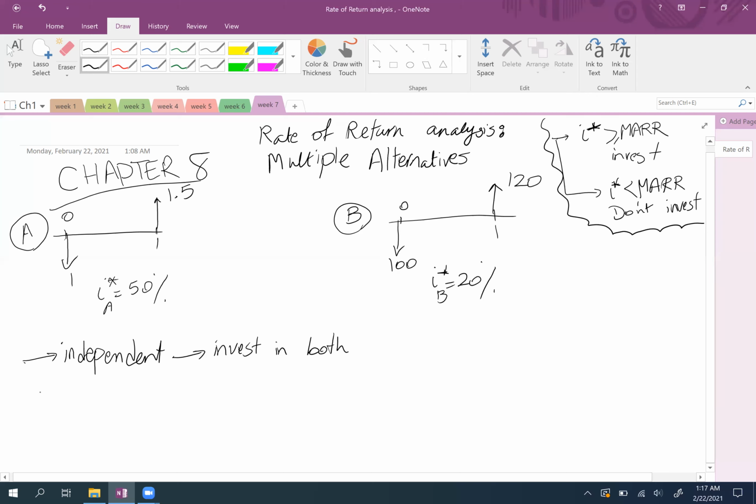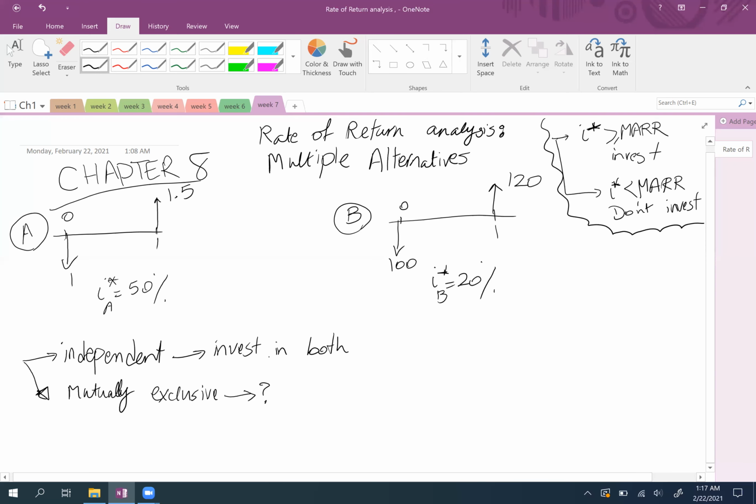But most of the time we are talking about mutually exclusive scenarios. When we have mutually exclusive alternatives, it means the alternatives are compared against each other. So in this case, what should I do?